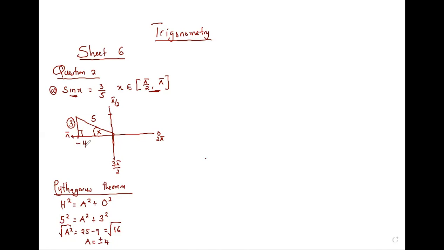Now, since we are given sine, the question says you must find those that are not given. So we need to find cos.